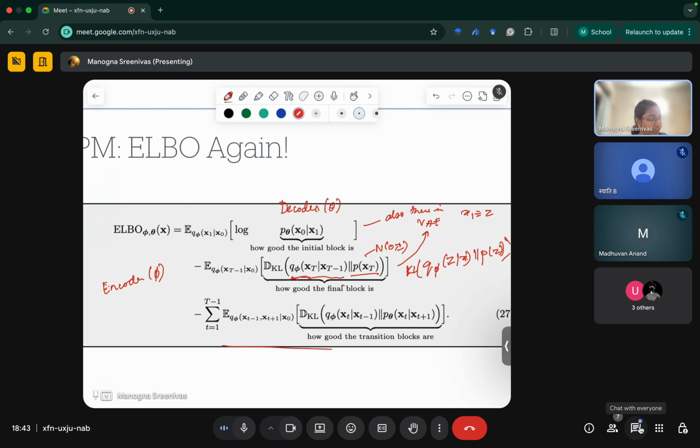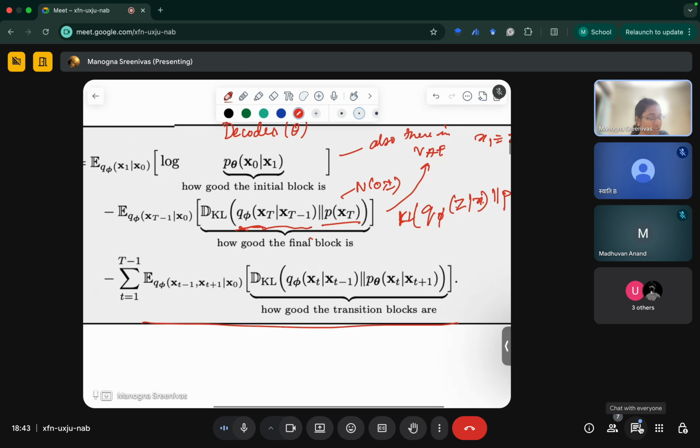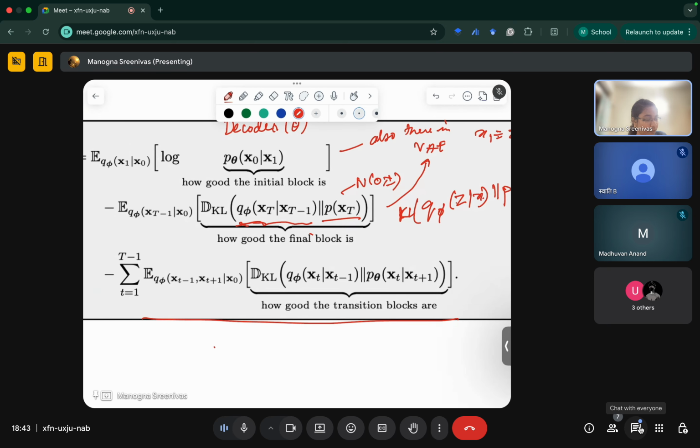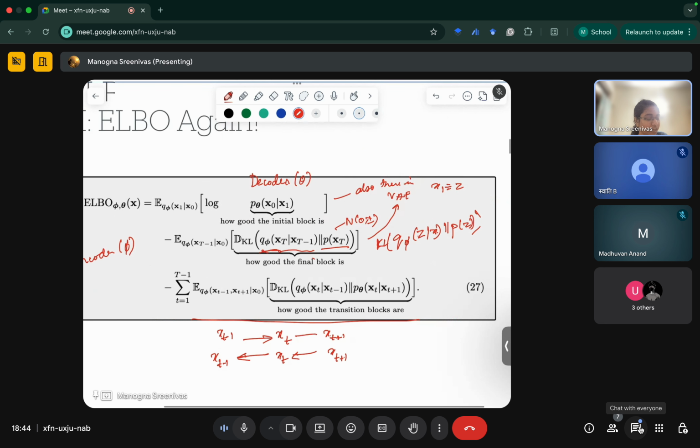And then we have these transition blocks in between. Why do we have this term? We have two things: the forward process and the reverse process. In the forward process, from xt minus 1 I go to xt, and from xt I go to xt plus 1. In the reverse process, I come from xt plus 1 to xt and then to xt minus 1. But what am I trying to learn?